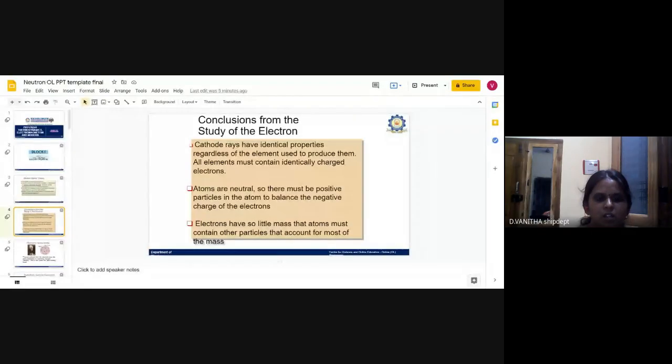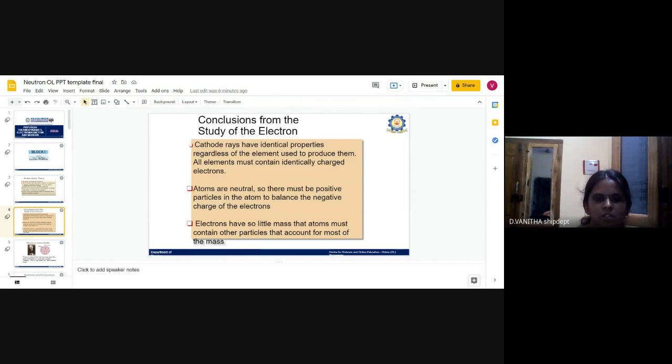These are the conclusions derived from the study of the electron. First, the electron was discovered, and in that discovery cathode rays were used. The cathode rays have the properties of an electron. So all elements must contain identically charged electrons.